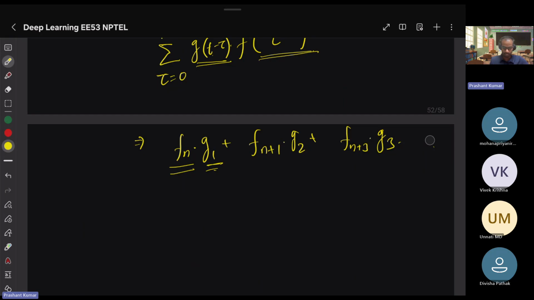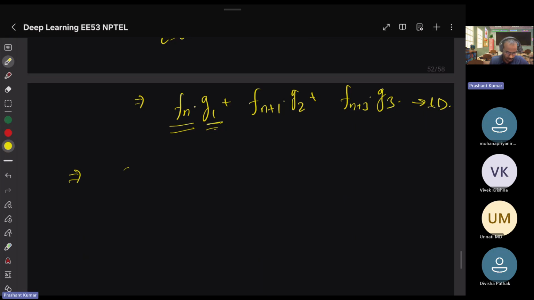So this is basically a 1D convolution. If you are doing the 2D convolution, you can similarly create a 2D function that is dependent on space.